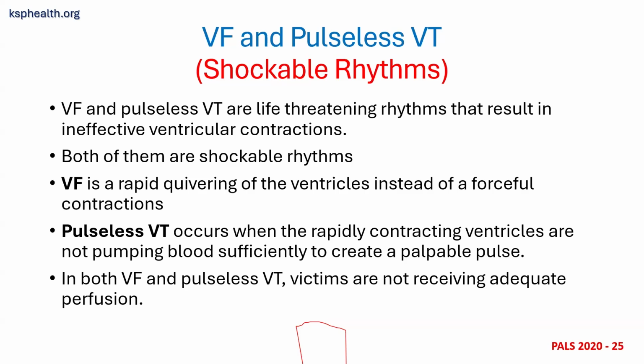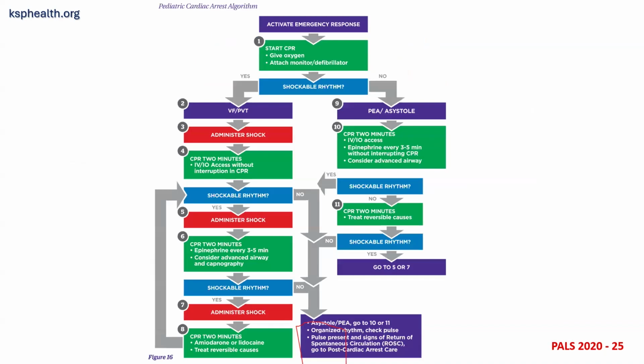In ventricular fibrillation, there is a rapid quivering of the ventricles instead of forceful contractions. Pulseless VTAC occurs when the rapidly contracting ventricles are not pumping blood sufficiently to create a palpable pulse. In both, victims are not receiving adequate perfusion. That is the important thing. So by shocking, you revert the rhythm back to sinus.